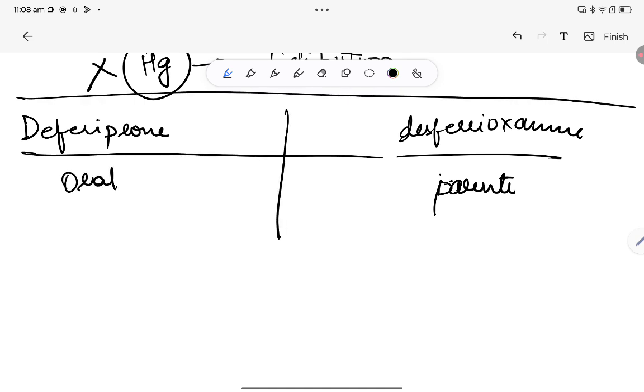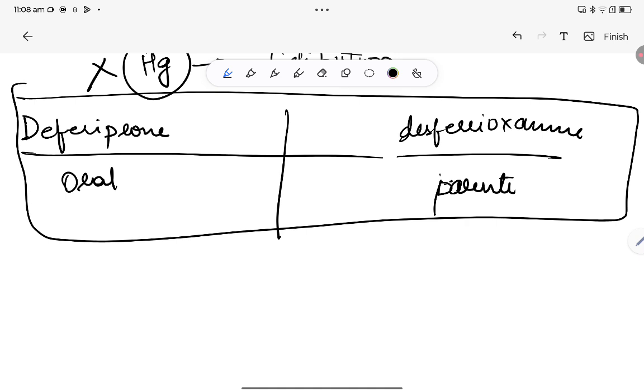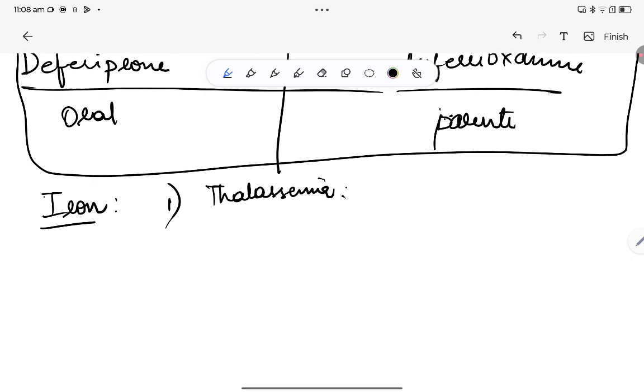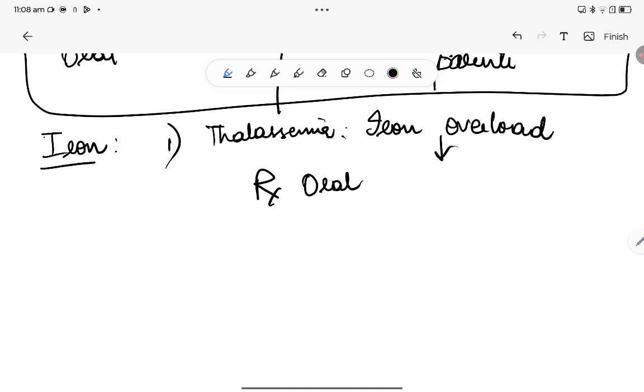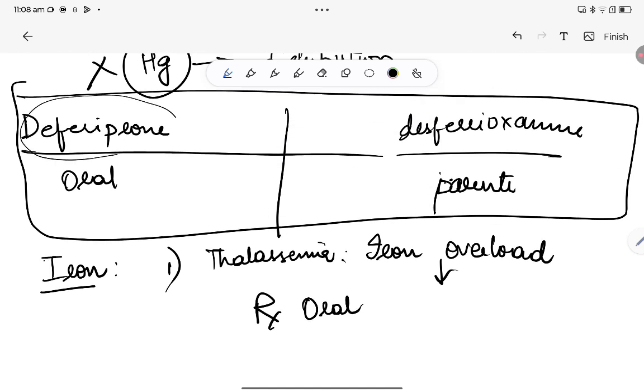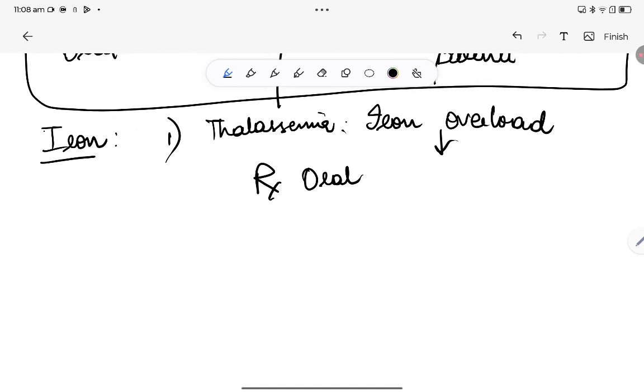And see, most importantly, iron chelators are used in case of thalassemia, where these thalassemia patients need to be given blood transfusions repeatedly, resulting in iron overload. This iron overload is managed using oral iron chelator, mostly Deferasirox, and is a lifelong therapy.